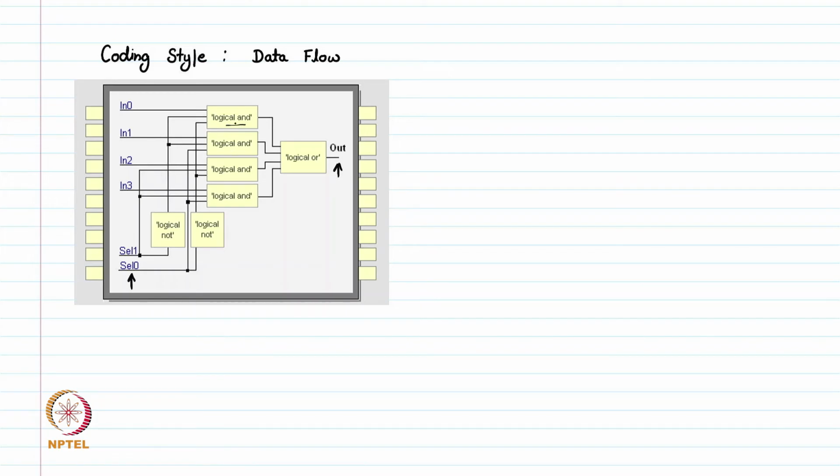So, we want to do a logical AND between this input and this input, and provide this output which goes to the input of a logical OR and generates the output.